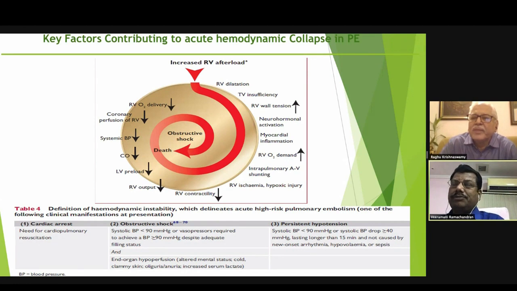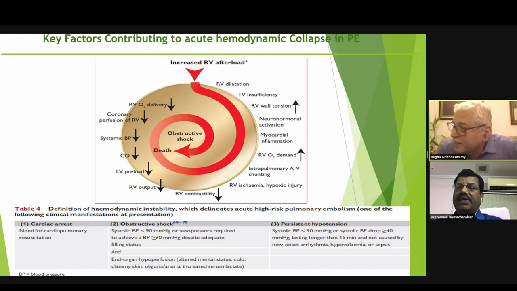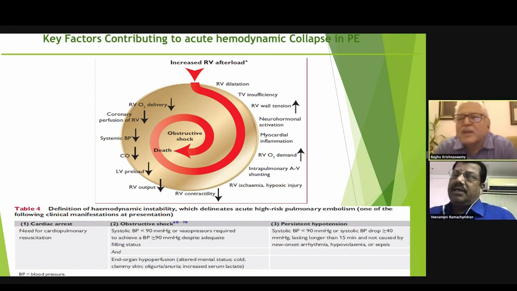Sir, excuse me, they have put two questions now in the chat box, sir. RVMI and acute pulmonary embolism, how to differentiate? Sorry, sir, I didn't get you. RVMI, right ventricular MI, and acute pulmonary embolism, how to differentiate? The ECG will be a very useful tool, right? Yeah, RVMI is never seen in isolation.